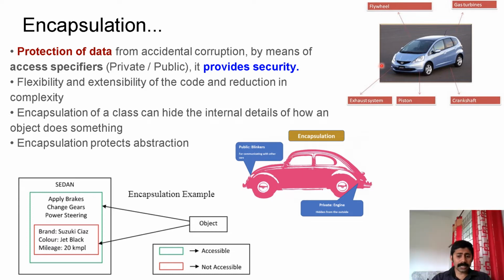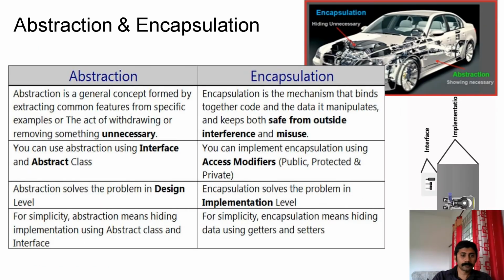Whereas in the case of abstraction, we were revealing the necessary standard interfaces to the outside world. Here we are securing the things by protecting the access. That is encapsulation. In this example, certain features are hidden from the outside world by means of access specifiers. That is encapsulation. And we have bundled data and associated functions into a single unit called class. So this is all about encapsulation.